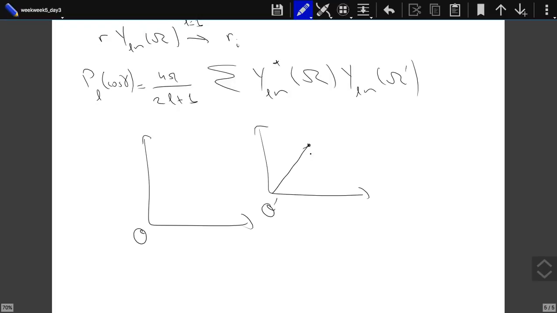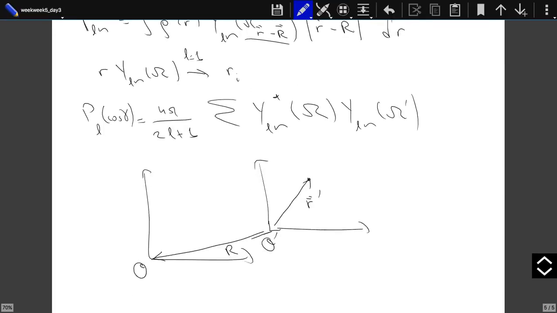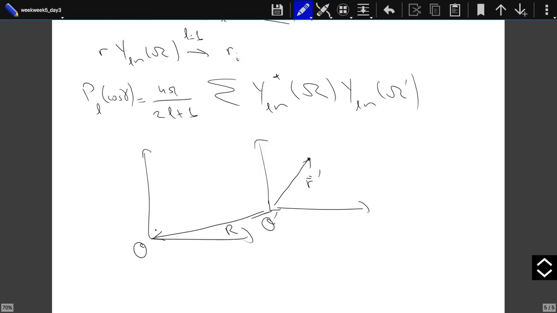Let me see. This is our vector R prime, right? This is the vector R. No, it was the other way around. Small r minus capital R is this vector over here.